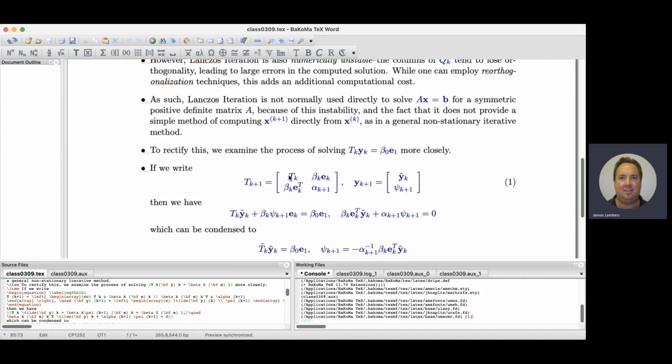That comes from multiplying the top blocks of T_{k+1} with this vector here, and setting that equal to beta_0 e_1, the first k elements of it. And then from the bottom blocks, multiplying with this vector, we get this single scalar equation, set equal to 0, because that's the last element of the right-hand side.